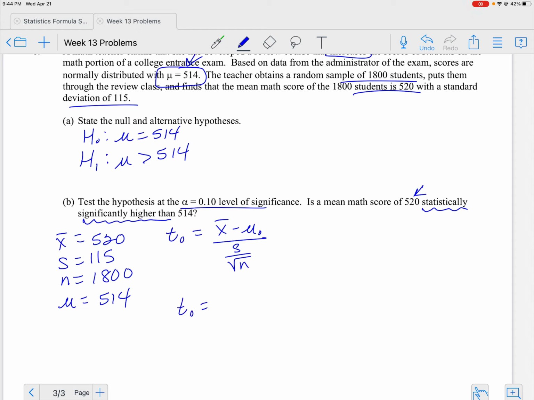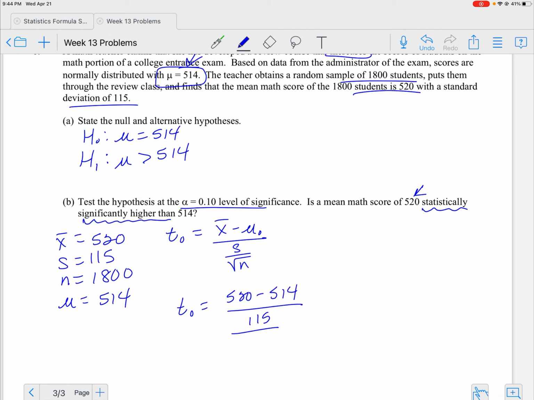So t naught is equal to 520 minus 514 over 115 divided by the square root of 1800. Now again, you are on a video. Pause it. Check to see if we get the same thing. I get 2.213, which I'm going to round to 2.21.